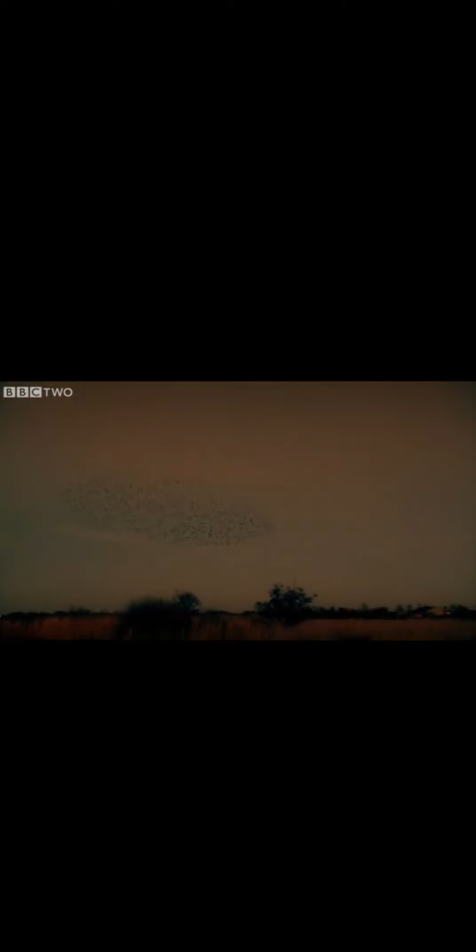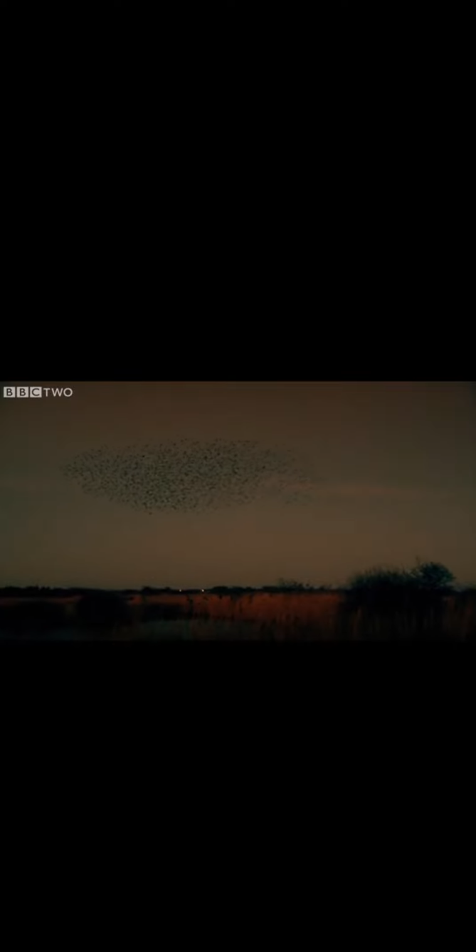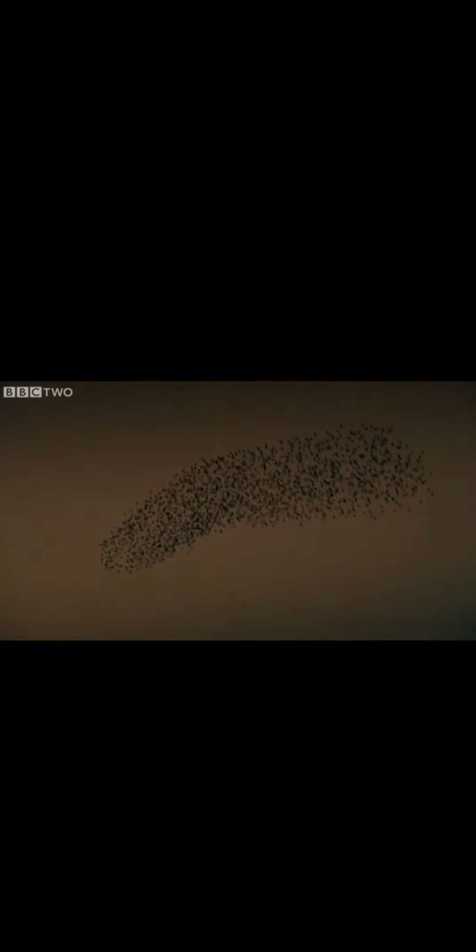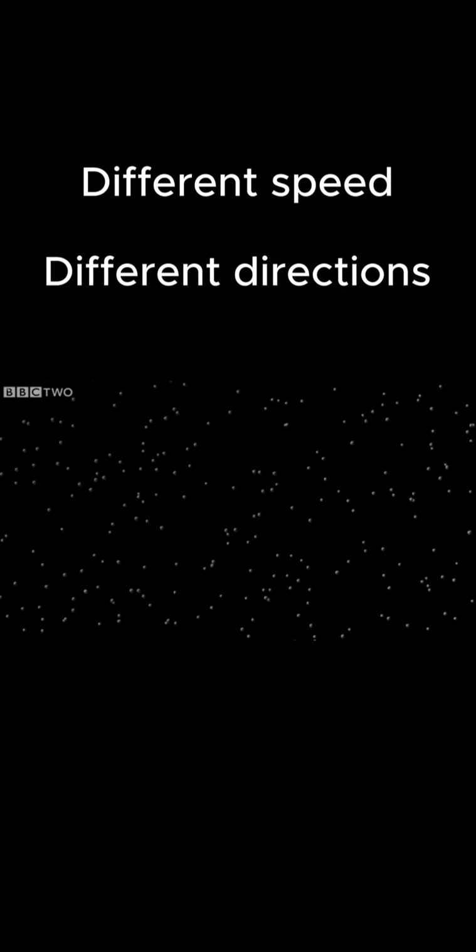As strange as it seems, by reducing each starling to numbers, we can model what's happening on a computer. We start with a flock of virtual starlings, all flying at different speeds and in different directions. And then we give them some simple rules.